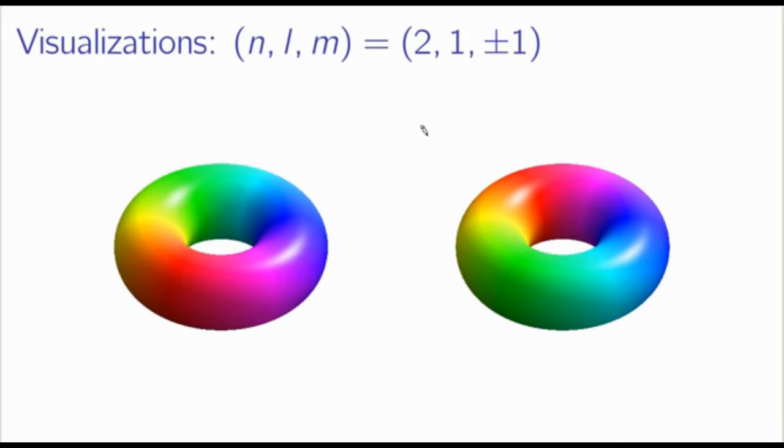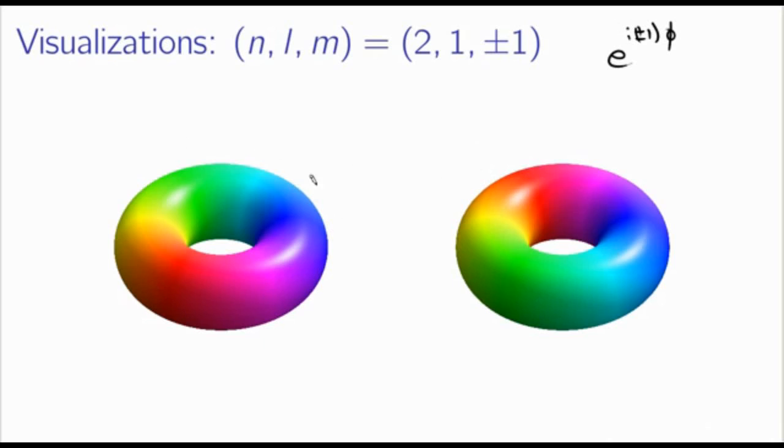What that means, here, our Y_LMs have something that looks like e to the i times plus or minus 1 times phi. M is 1. So this is plus or minus i m phi. So what we're looking at is the phase of the wave function fluctuating as we move around in the phi direction.